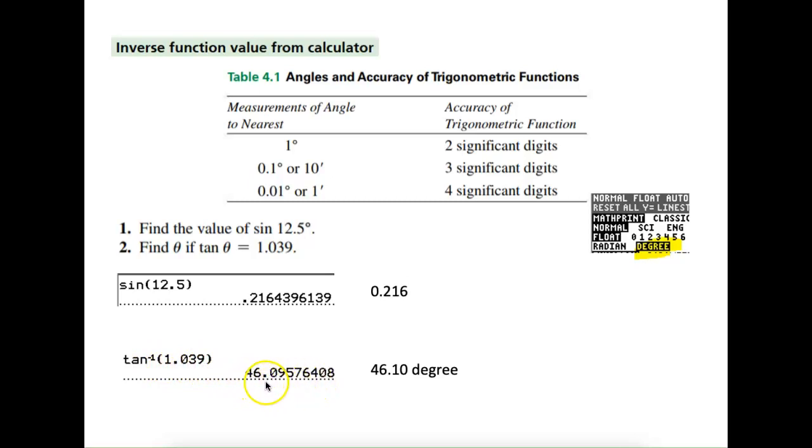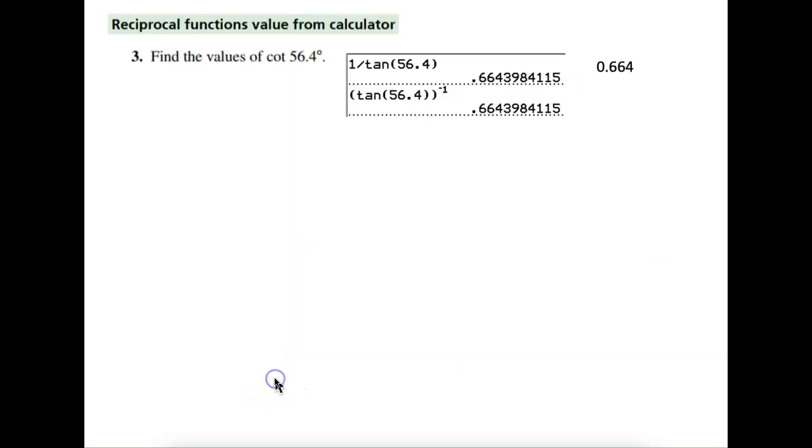Now, here we're going to express this to 4 significant digits, because this is 1.039. So we want to make sure we've got at least that many significant digits, 4 significant digits. So it's 46 point, and this rounds up to 10.